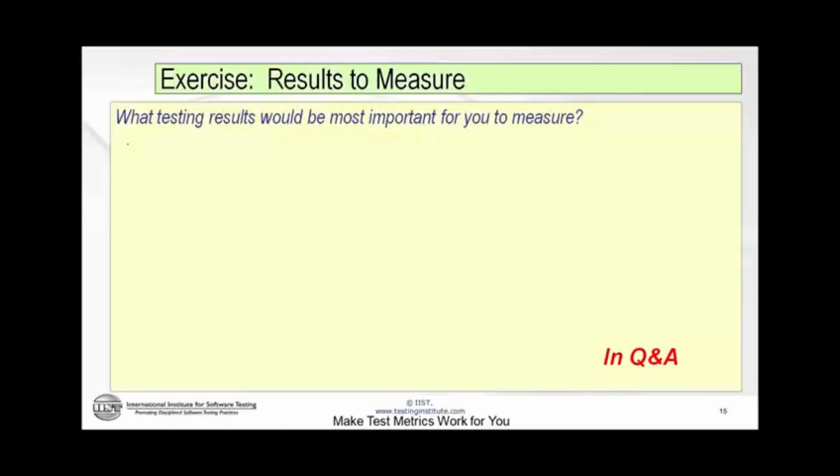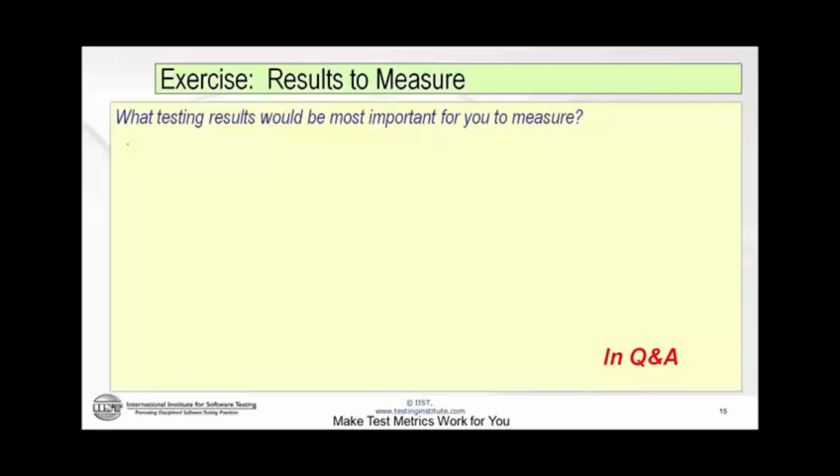So if you would, please put in the questions box what testing results would be most important for you to measure. Now, just the results, don't worry about the causes yet. What kind of testing results, which may or may not be what's currently being measured, would be important for you to measure?